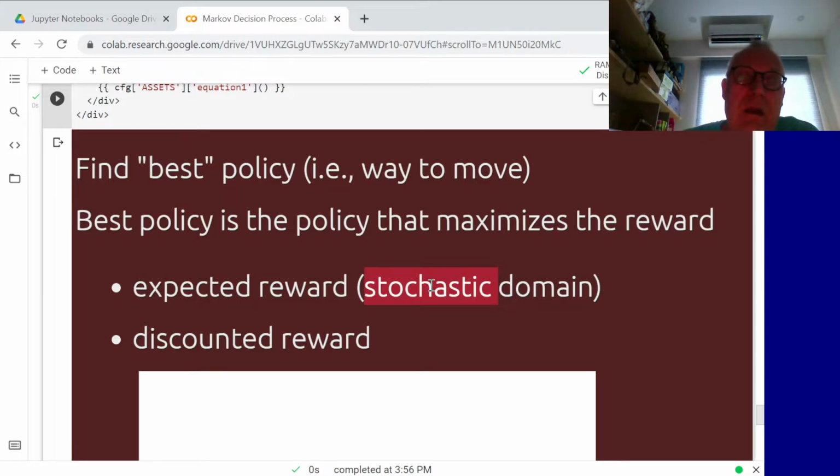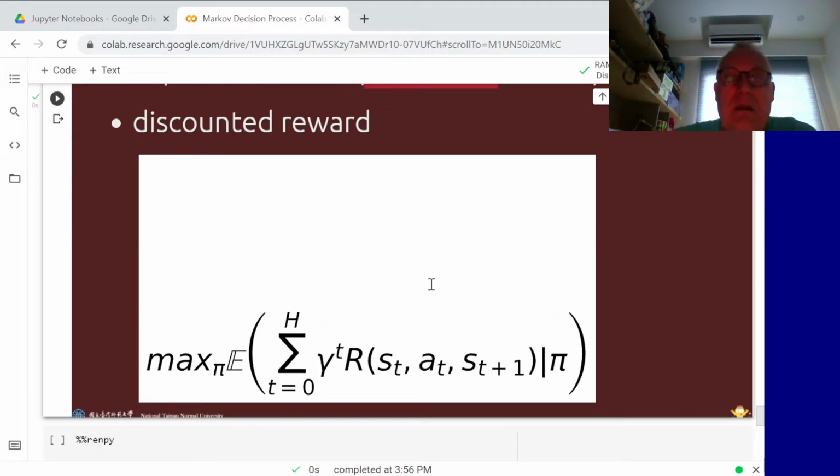So that means we're trying to maximize the expected, so that's the E here, the expected reward that we get from starting at time t equals 0 up to our horizon h.